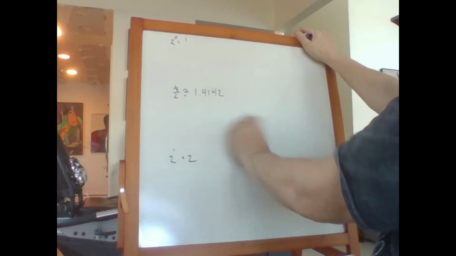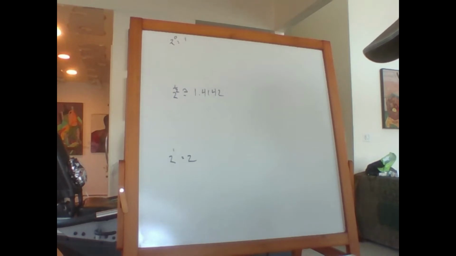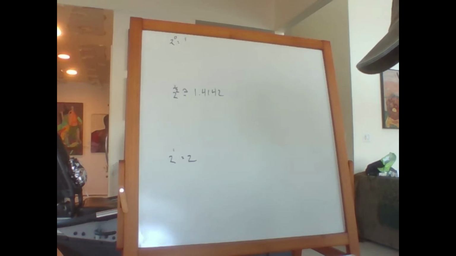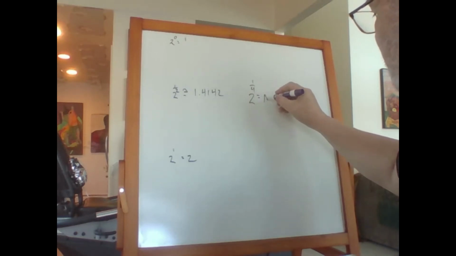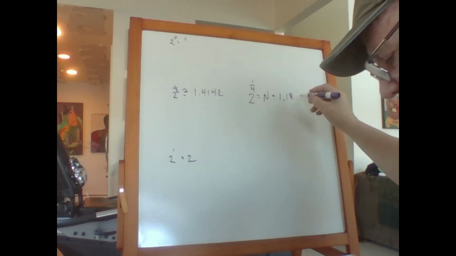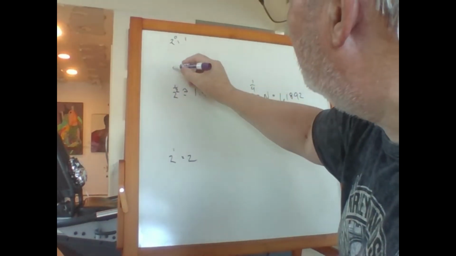So we got to make it bigger. And what we really are looking for, again, is the square root of this number. So 2 to the quarter equals n equals 1.1892.